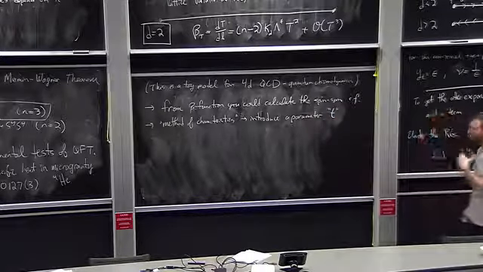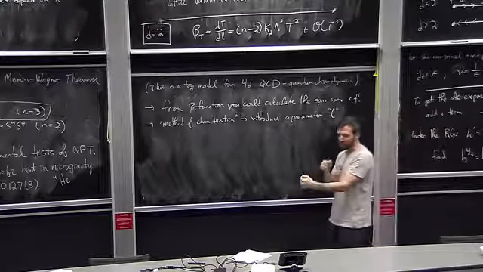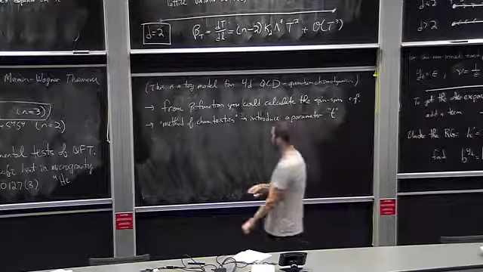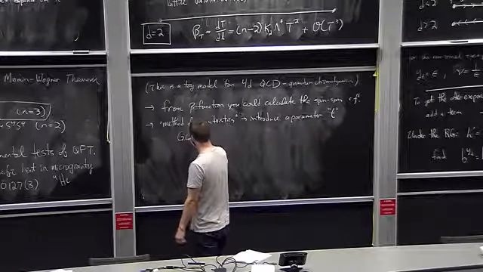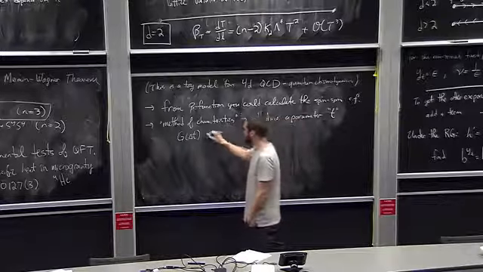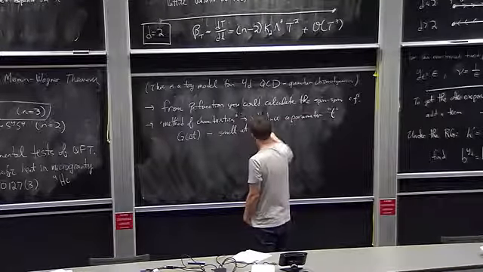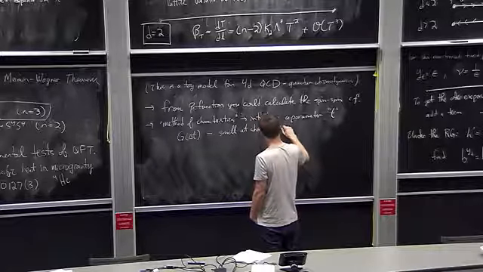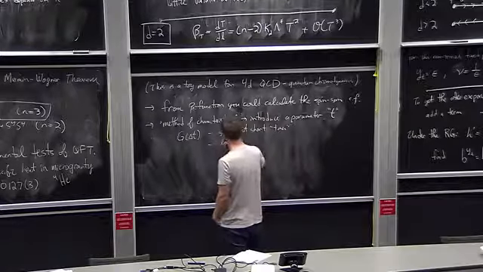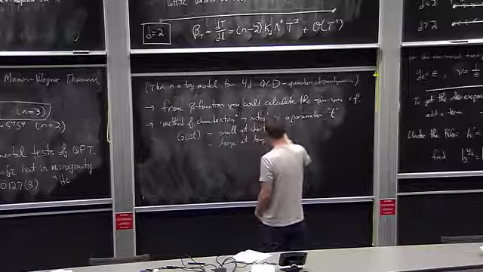You're parameterizing the spin-spin correlation function as a function of distance and time. It's just some parameter, but that 2-point function, which we've always been calling g, is basically small at short times and large at long times.